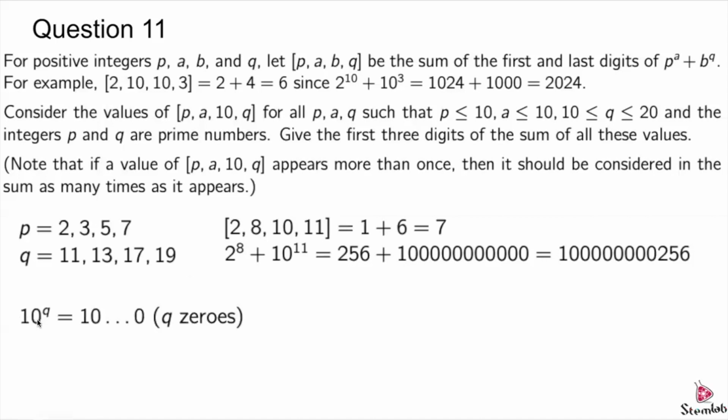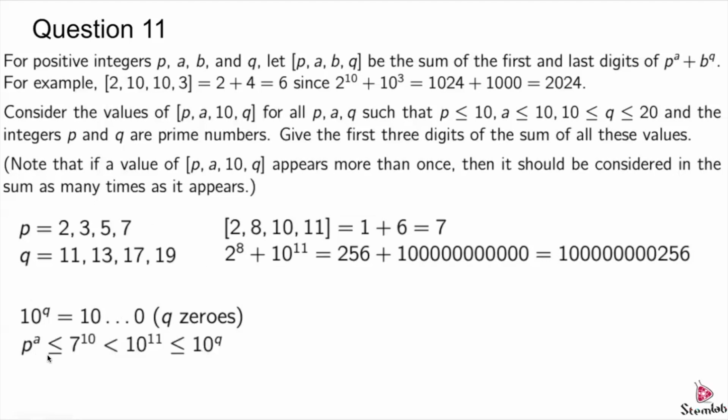We know that 10 to the Q is 1 followed by Q zeros. So the minimum value for the set that we have here is 10 to the 11. The minimum of B to the Q is 10 to the 11, and the maximum of P to the A is 7 to the 10.